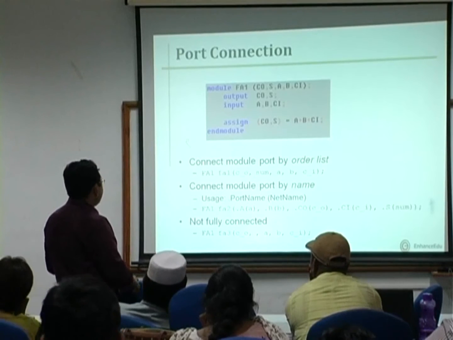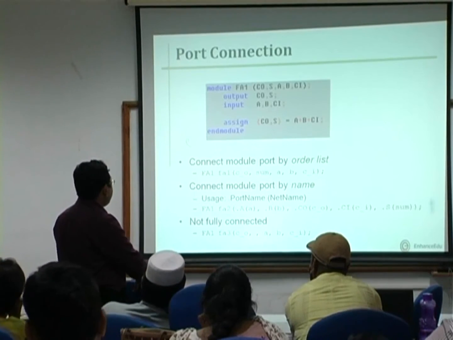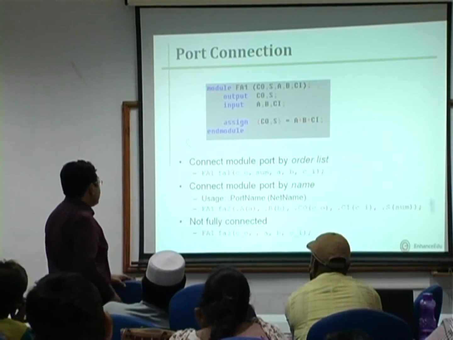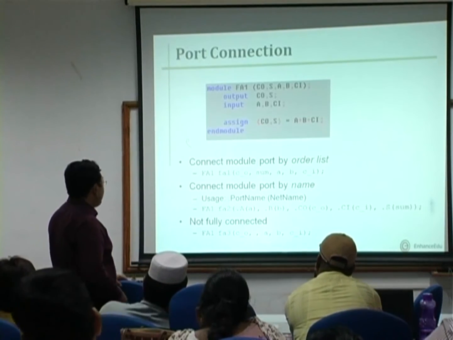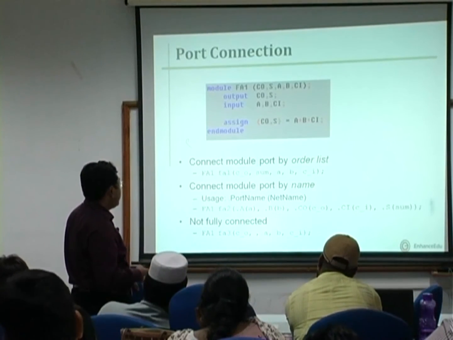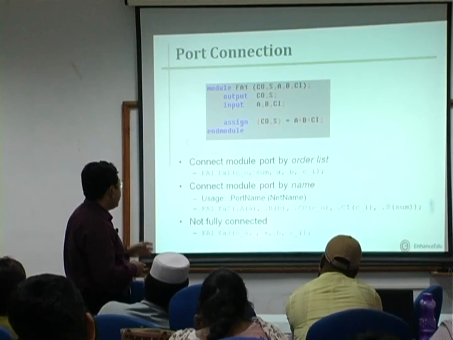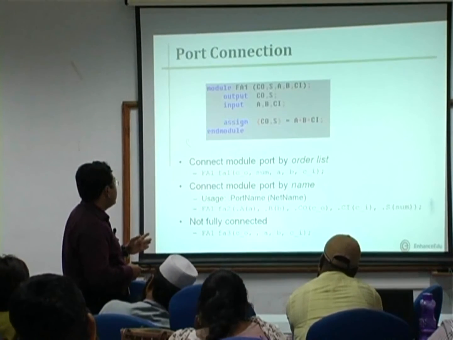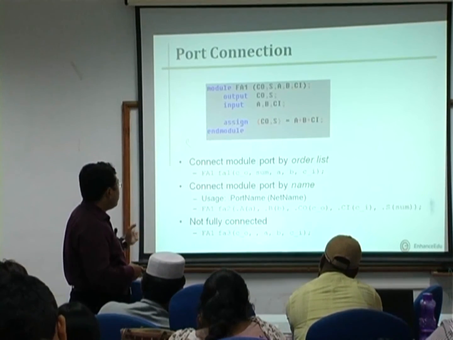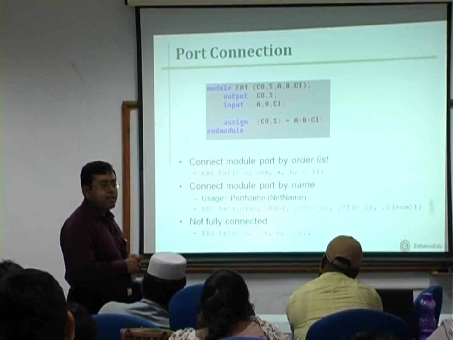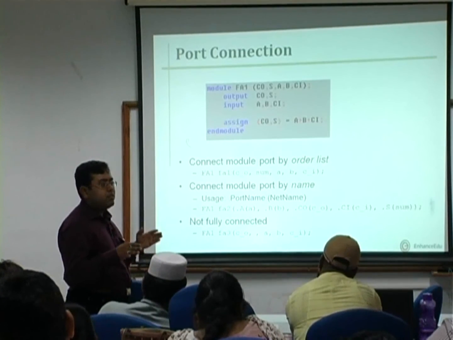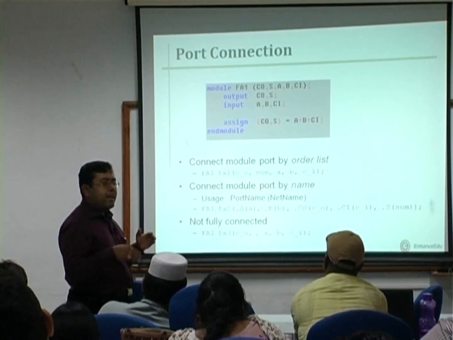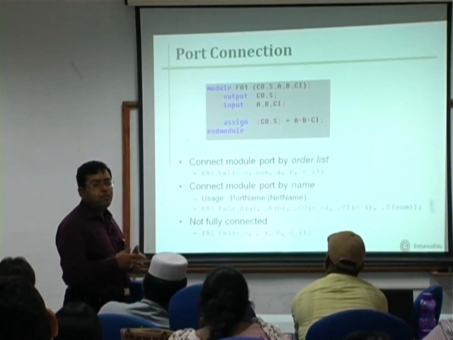The simplest way is you specify the interfaces of the instance of the module in some ordered fashion, in which the order of the ports of the instance is the same as the order of the analogous interface in the mother module.